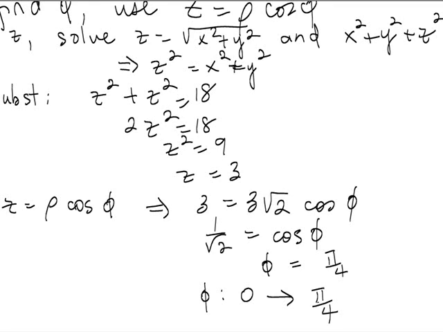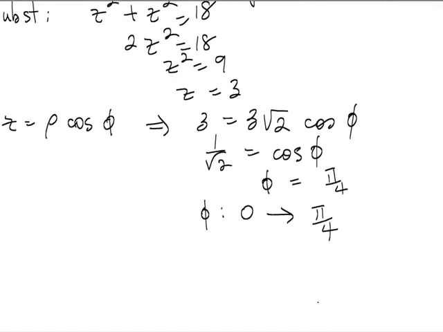Ready? Let's set up, let's convert. Triple integral, we put the limits last. The integrand is x squared plus y squared plus z squared, which is what? Rho squared. What do we need to do? Multiply by the Jacobian.